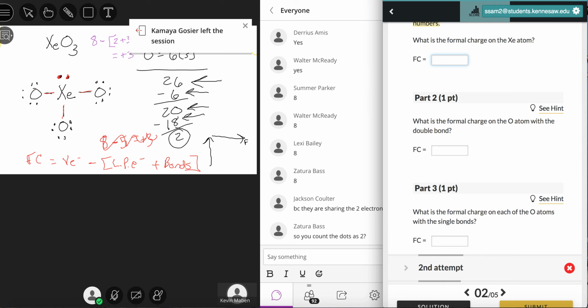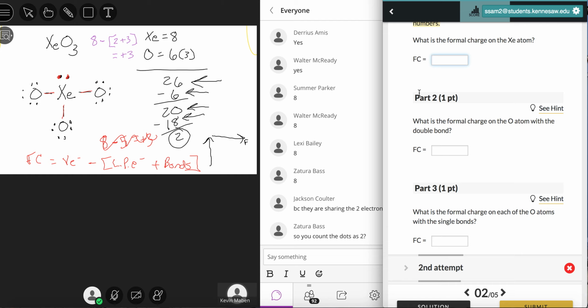So for the lone pairs, we only count the lone pairs for the middle element? Well, when we get to doing the formal charges for the other ones, we'll count the other ones. But in this case, we're just counting the ones that are on xenon because we're doing xenon's formal charge. So yes, when we count the lone pairs for the formal charge, you only count the lone pairs that are on the atom that you're working with.